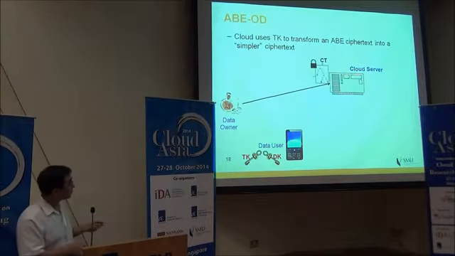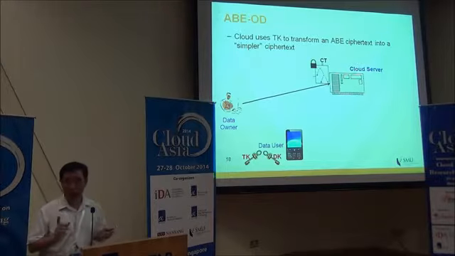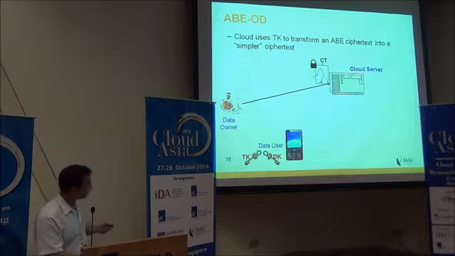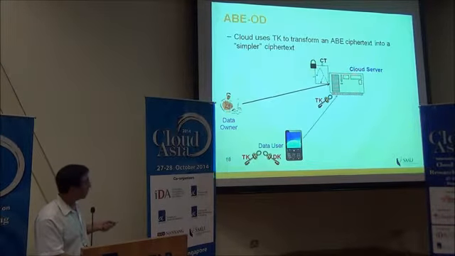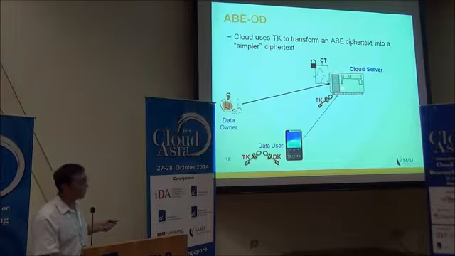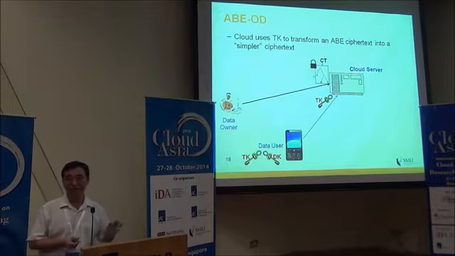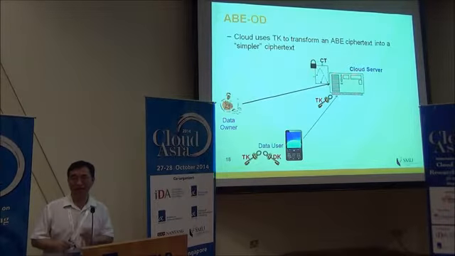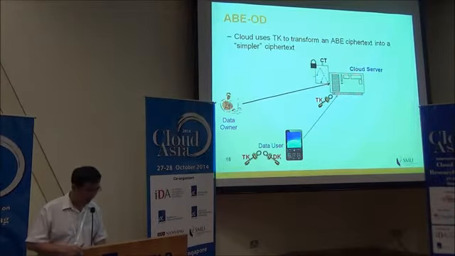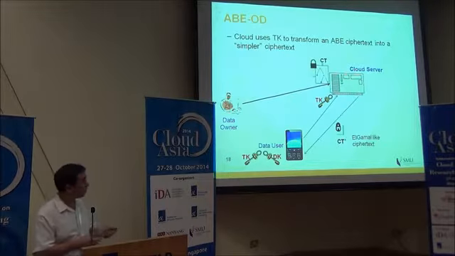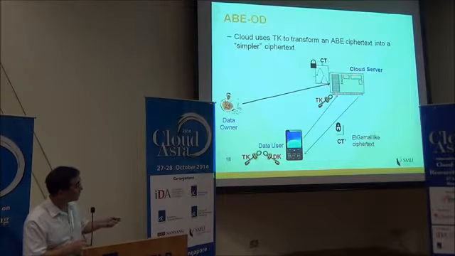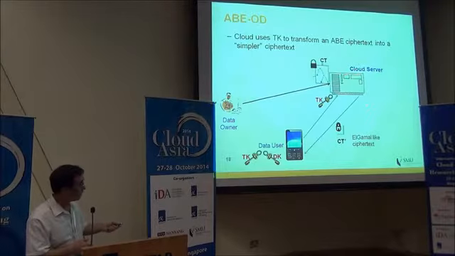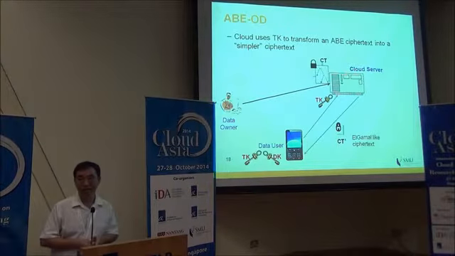When the user wants to perform decryption, he sends his transform key to the cloud. The cloud will perform 99% of the computation, but without getting the data. After the computation, a much simplified ciphertext will come back to the user. The user only performs one step of the operation to access data.